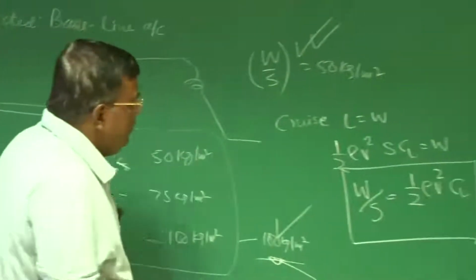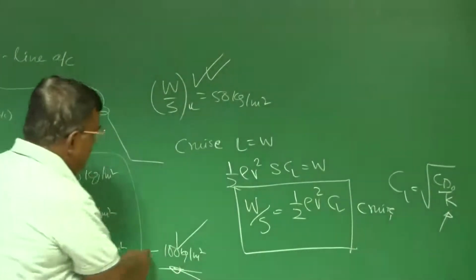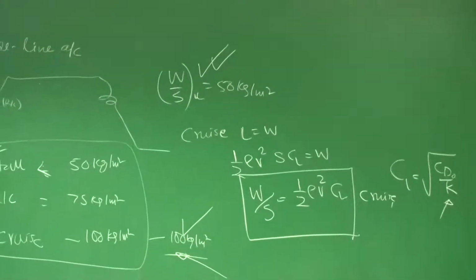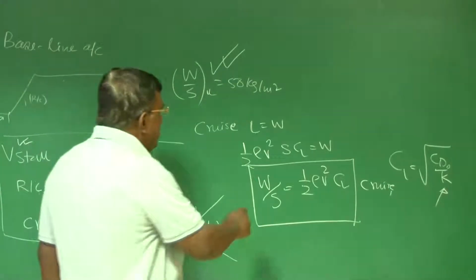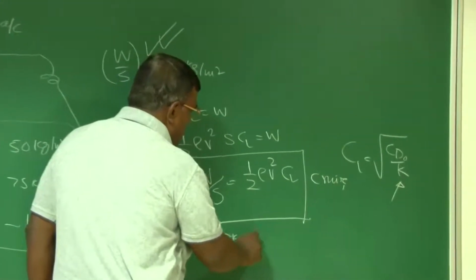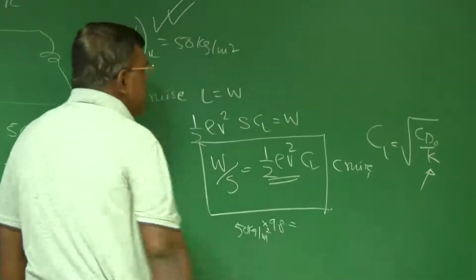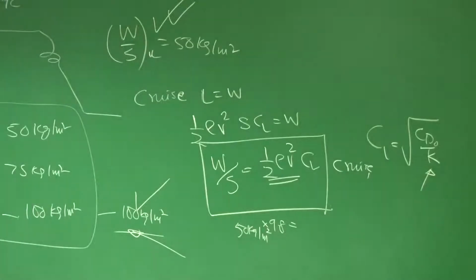that means what? If I pick this, then how is the cruise mission going to be satisfied? So 50 kg per meter square, if I put it here, of course we'll need to multiply by 9.8. Now you could see that I have to increase the dynamic pressure because CL is fixed.